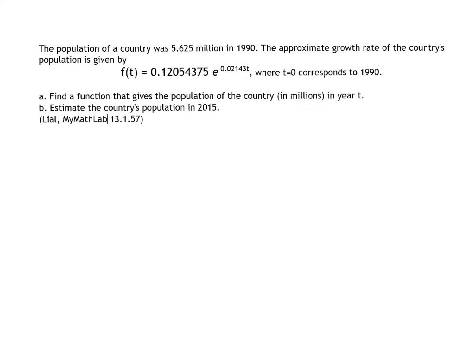Anytime you have an e function, remember the derivative of e to the ax is a e to the ax. So you just bring that coefficient of the exponent down, becomes the coefficient of the whole term, and then you just repeat the e to the ax term, yeah?